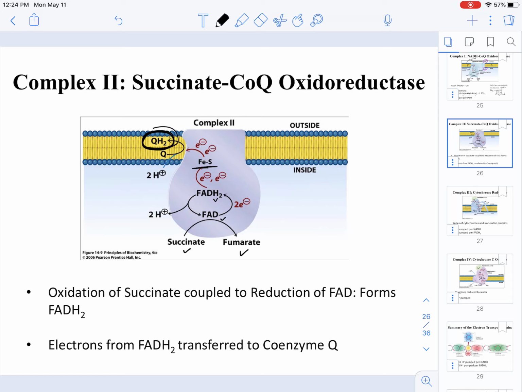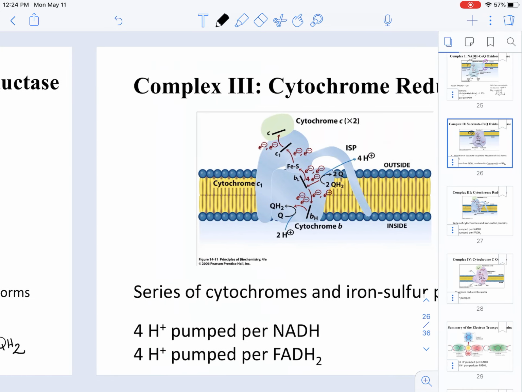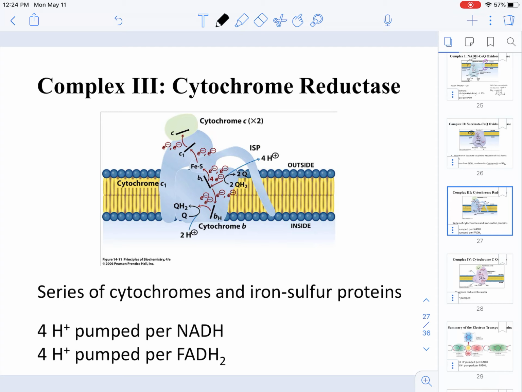Okay, so understand that ultimately here we have the transfer of the electrons from FADH2 to coenzyme Q, which is going to make QH2, and that's how the electrons will go from either complex 1 and complex 2, and they're going to be landing on the next complex, which is complex 3.